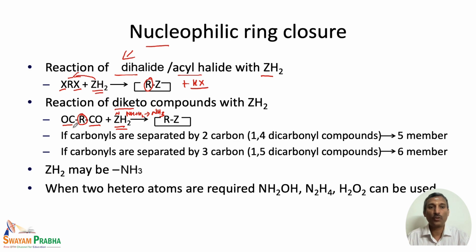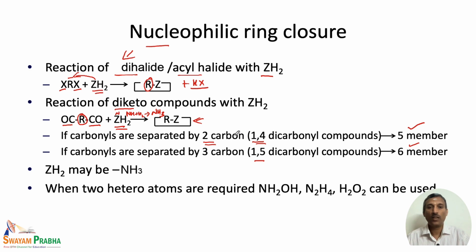So, the dicarbonyl compounds can undergo cyclization, a nucleophilic ring closure, to give the corresponding heterocyclic compound. If the carbonyls are separated by 2 carbons, that means if they are 1,4-dicarbonyl compounds, we get a 5-membered heterocycle, and if they are separated by 3 carbons, that means if we have a 1,5-dicarbonyl starting material, we end up with a 6-membered system.